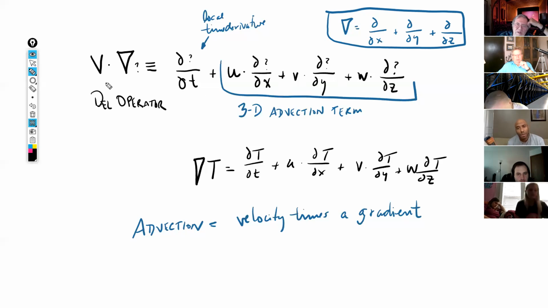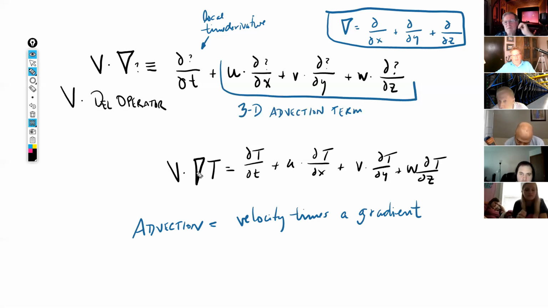So the del operator is the 3D advection term? The del operator. Never mind. The del operator is just this stuff. It's a notation. When I take the velocity times this, I get this big term, which is a local time derivative plus the advection change. One difference between the del operator and the 3D advection term is the u, v and w aren't in there. Right.